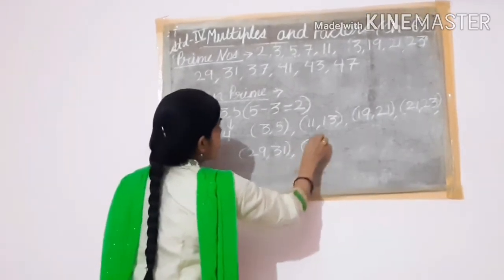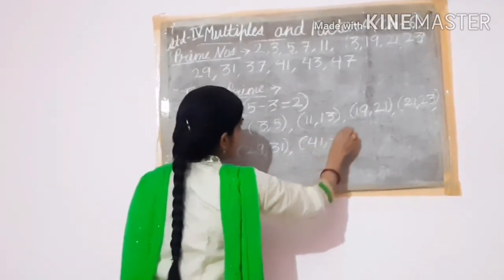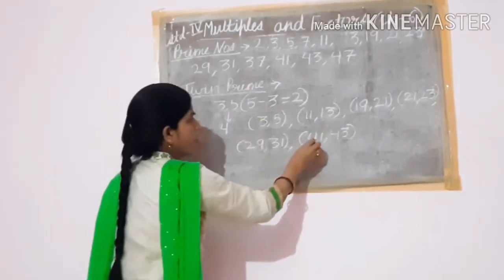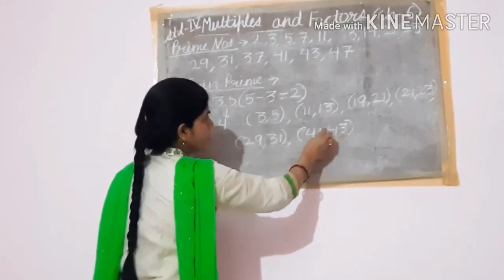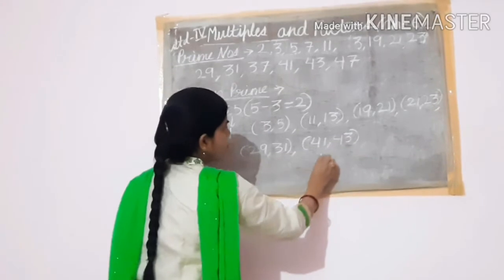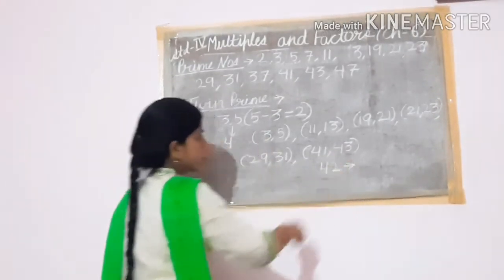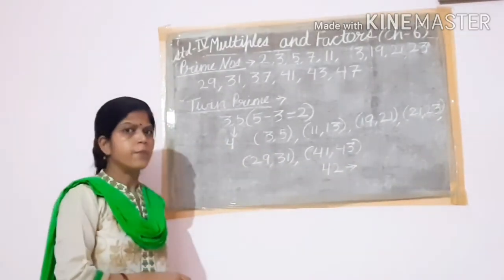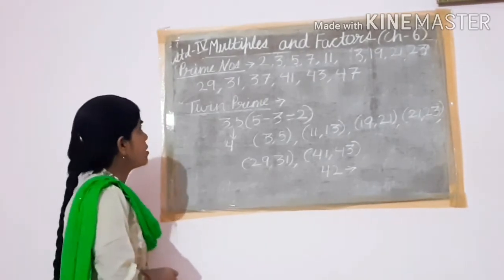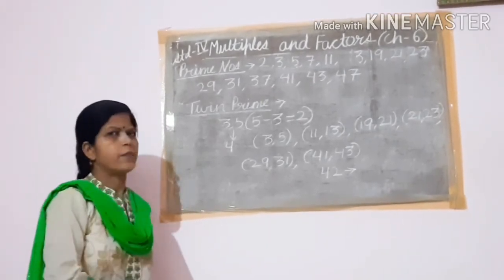Then 41 and 43, twin prime. See, 41 and 43, between these two numbers 42 is coming and 42 is a composite number. Next is co-prime number.